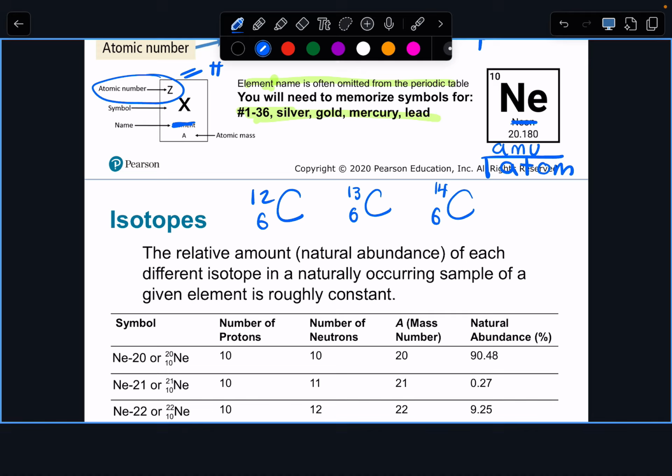So if we go in later and measure the amount of carbon-14 in a tree, we can backtrack to know how much carbon-14 there was originally based on a particular amount of time. We know how much it should have had percentage-wise at the beginning, we know how much it has now, and that can tell us how long it's been dead, basically. How long this log has been sitting there. Okay? All right, so that's a kind of cool use of isotopes.